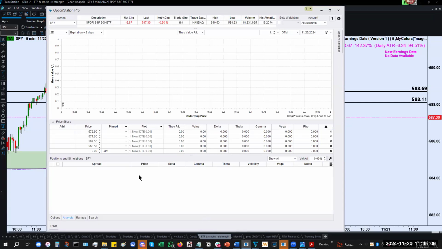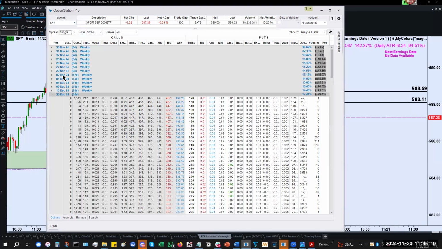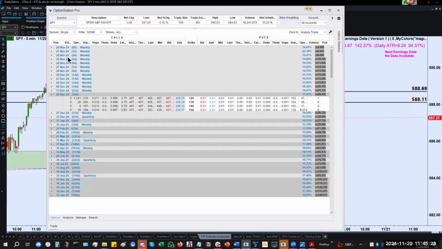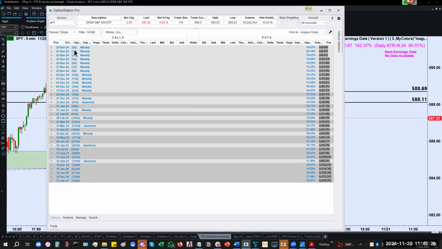And then we can see how being a value shopper for time is much better than trying to do this on the cheap. All right, so let's look at our expirations. We can see we have an expiration tomorrow. What's today, Wednesday, right? So we have one that expires tomorrow.